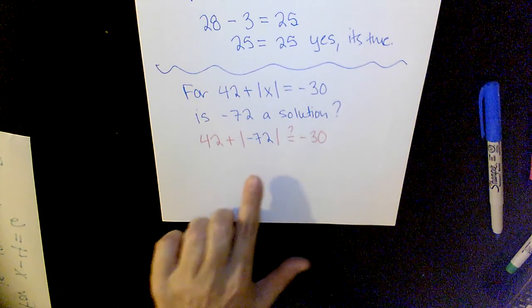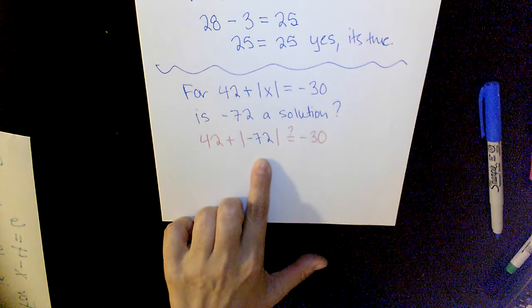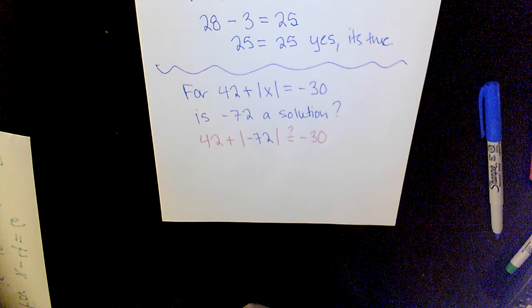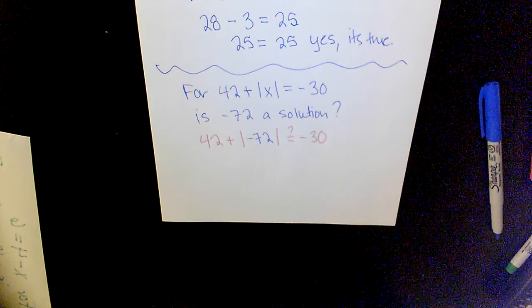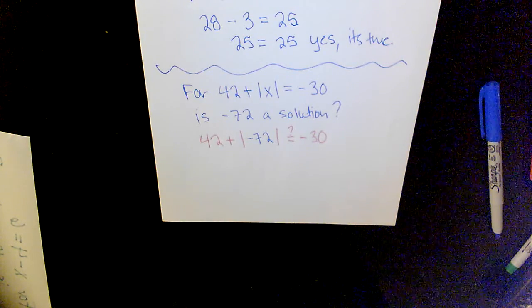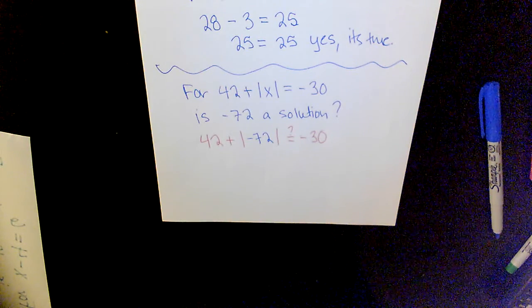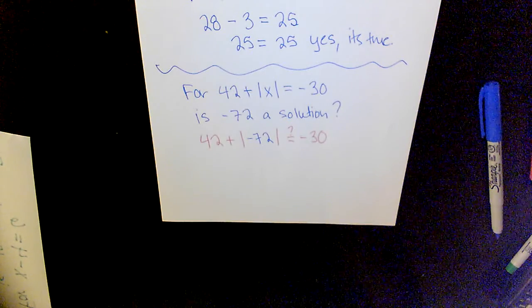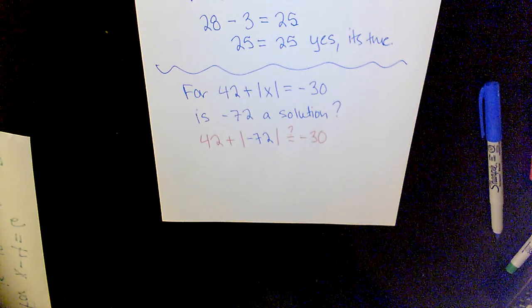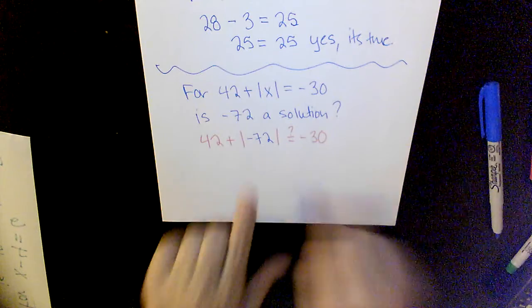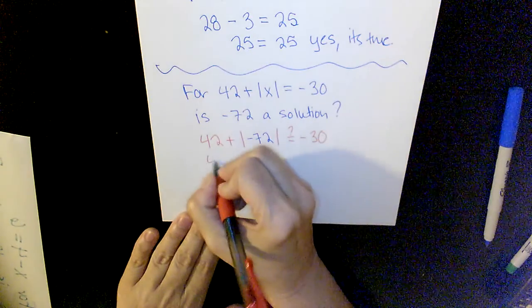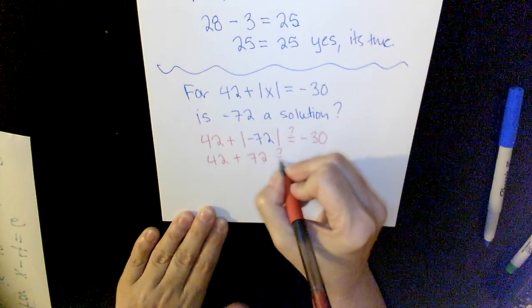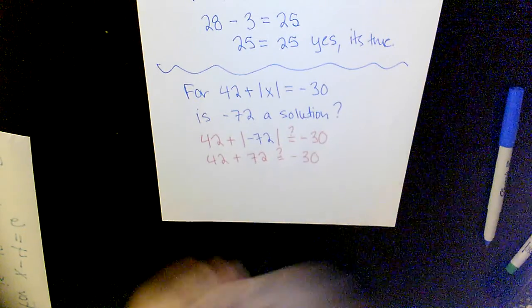Well, what's the absolute value of negative 72? If you're thinking of the number line, how many units am I from 0 to negative 72? How many jumps or how many units am I going? Well, I'm going 72, so 42 plus 72, does that get me to negative 30?